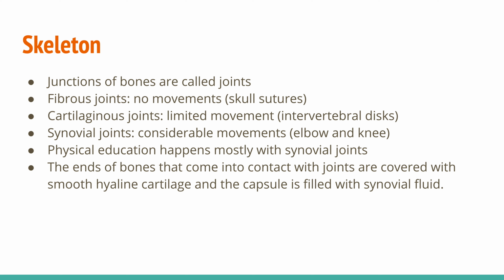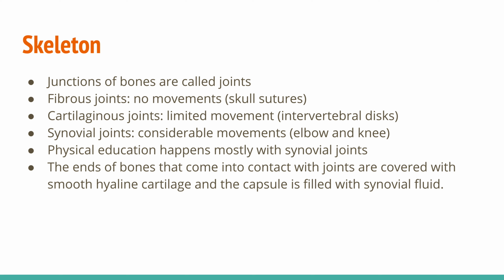And then another thing to note is when we're getting away from the bones and down closer to the joints, there are certain portions of that joint that allow it to move smoothly. Okay, those are going to be the hyaline cartilage, which is going to be kind of coated on the end of each of the long bones or the bones that come into contact with those highly movable joints.